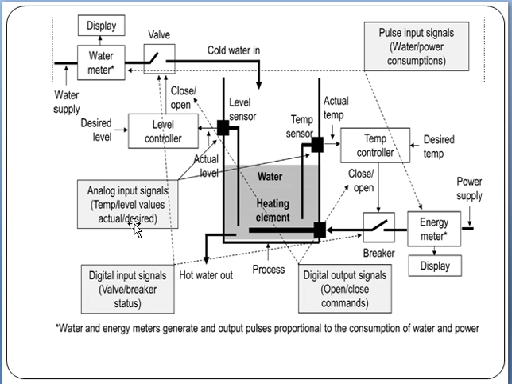Now in this diagram of the automated water heating process, we have already included temperature, and now we have included the level also. So in this, a level sensor, level controller, and valve are given. Now another example: when water is filling in the tank, its level is measured by the level sensor.